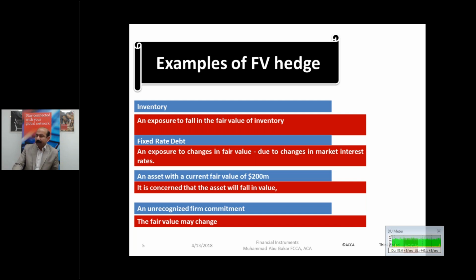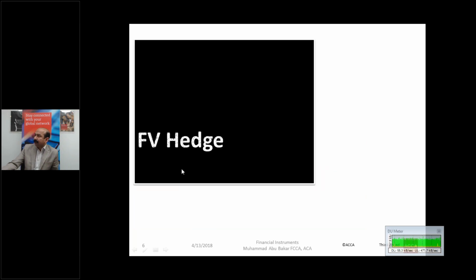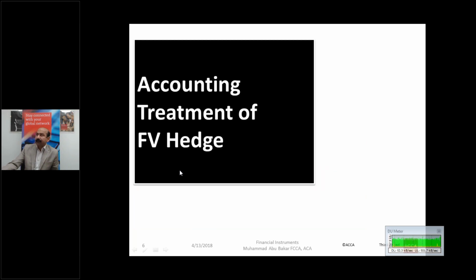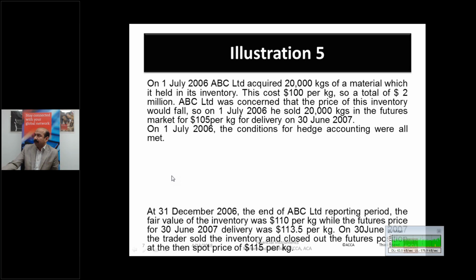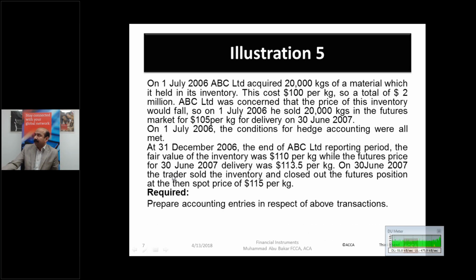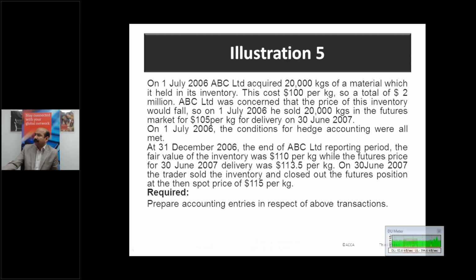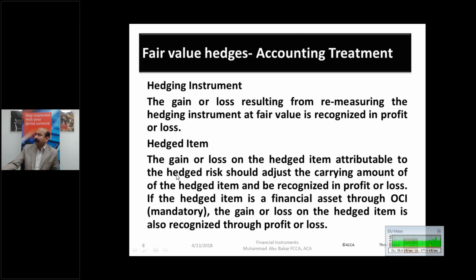Okay. So what is the accounting for fair value hedge? Accounting treatment of fair value hedge. We shall understand the accounting treatment of the fair value hedge with the help of this illustration. But before discussing this illustration, let's have a look at the accounting treatment of the fair value hedge.